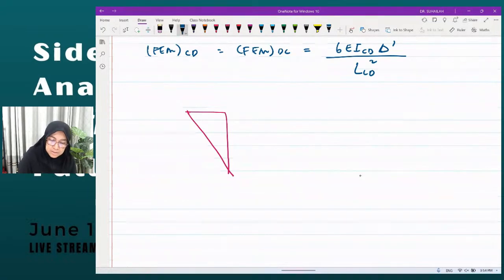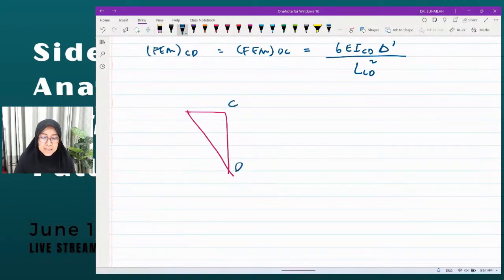C and D, the perpendicular delta prime, this is L. L is 5 meters. New position is this.